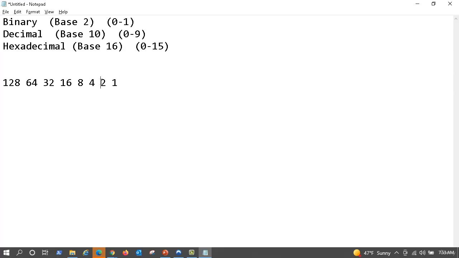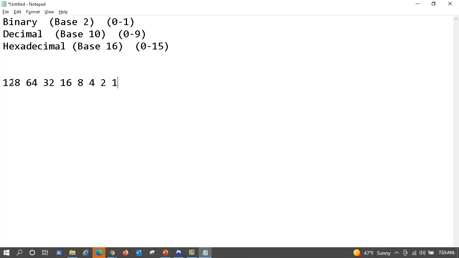The second number is 2 to the first power. The third number is 2 to the second, or squared. The fourth is 2 to the third, or cubed. Then 2 to the fourth, 2 to the fifth, 2 to the sixth power, finally 2 to the seventh power. That's how you get those numbers. Like I said, you could just write it out and not care about the exponents, but that's where they come from.